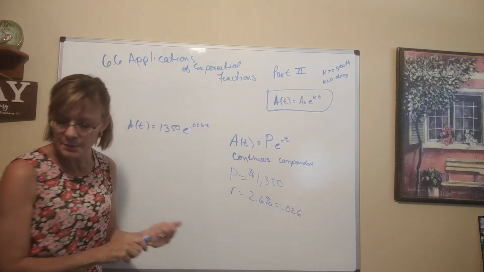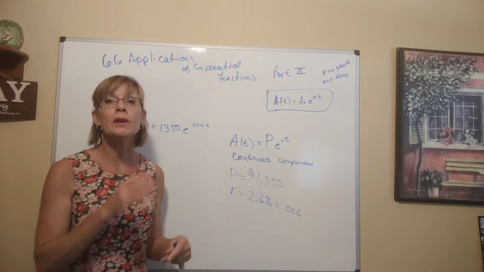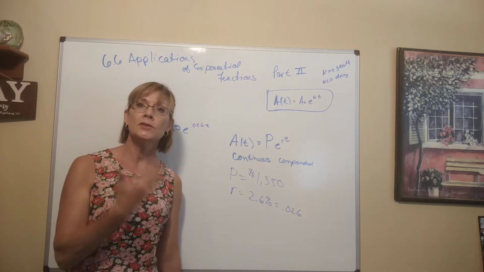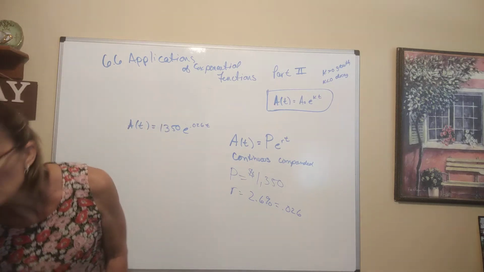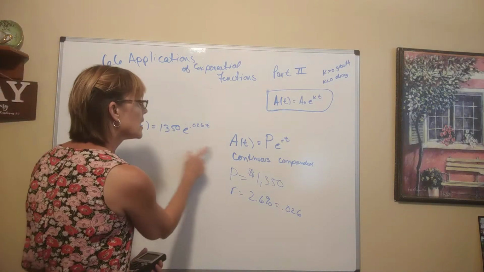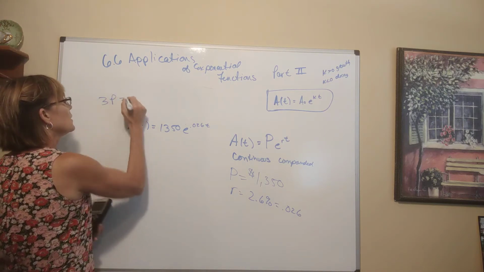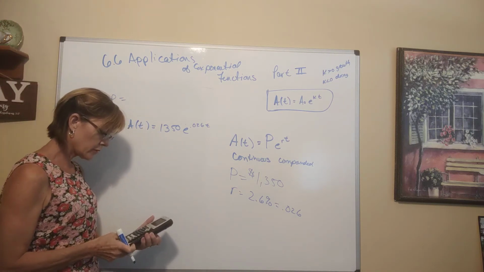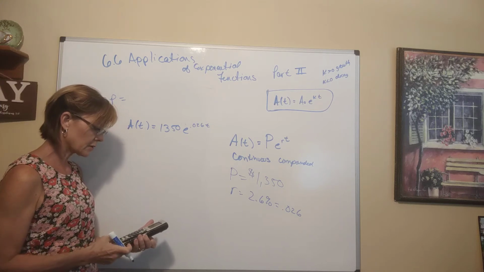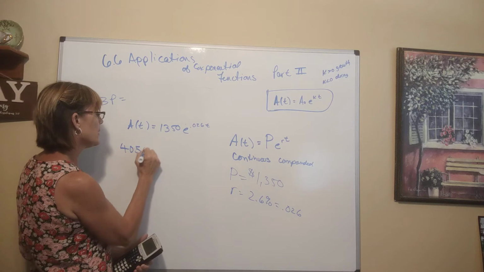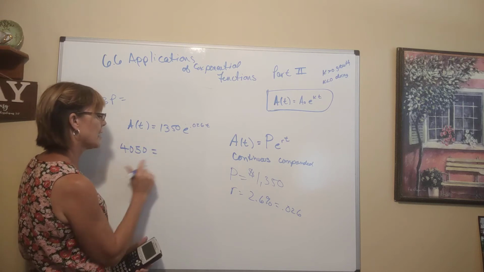But since we do have that number, and we're saying triple, we're going to multiply that by 3. If it had said double, we would multiply it by 2. But we want triple. So we're going to say 3 times P. What does 3P equal? 1350 times 3. We get 4050.